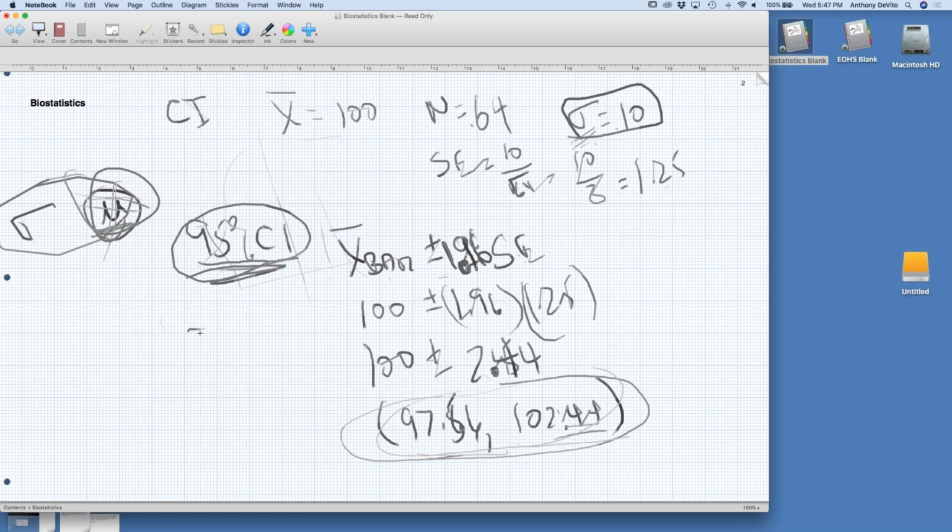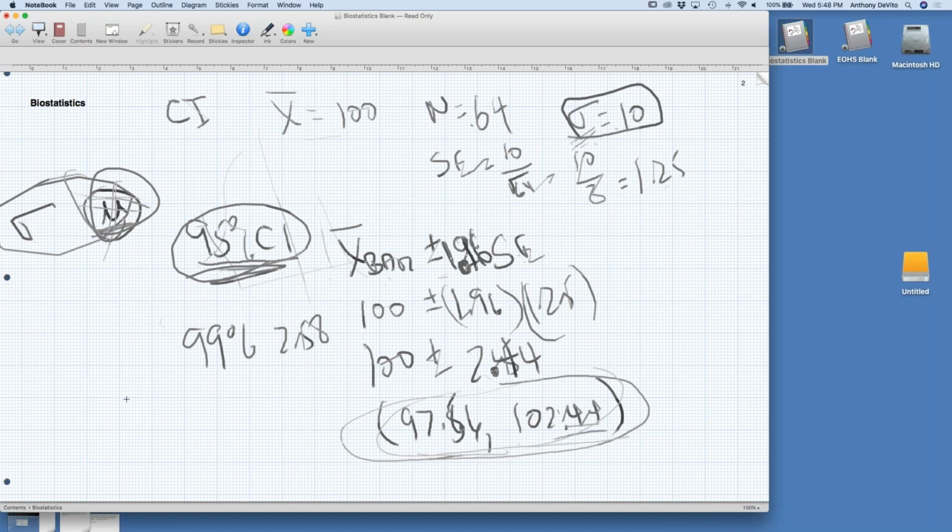And if I wanted to be 99% certain, you might remember if you go back, in that case we need to be more standard errors out. If we need to have a bigger range, we need to be further out from the mean. So in that case, we want to be 2.58 standard deviations out from the mean.